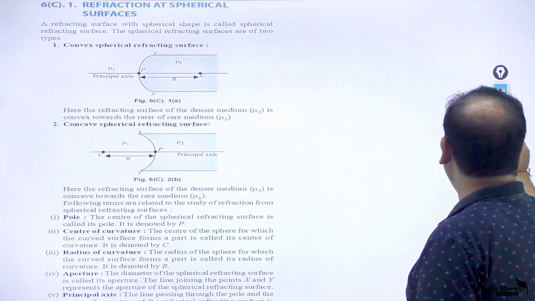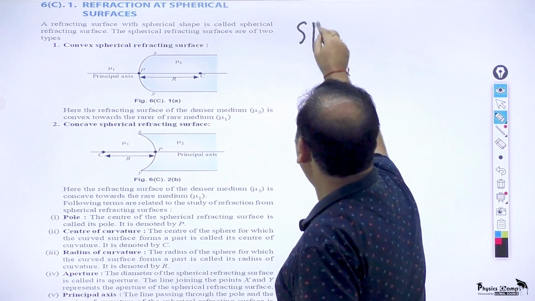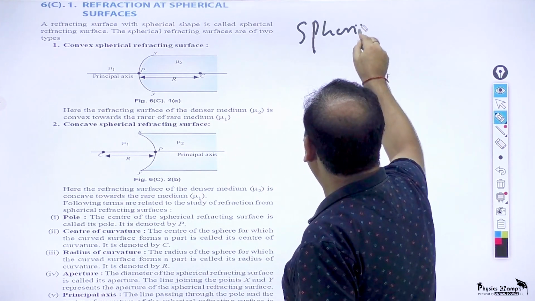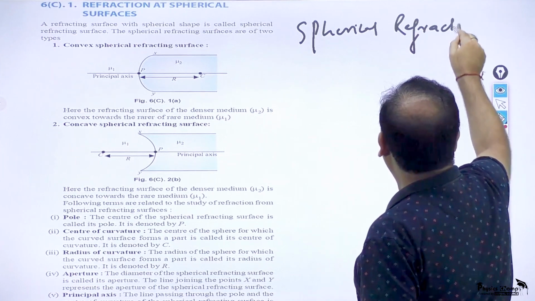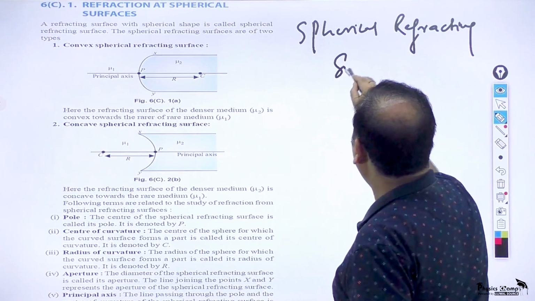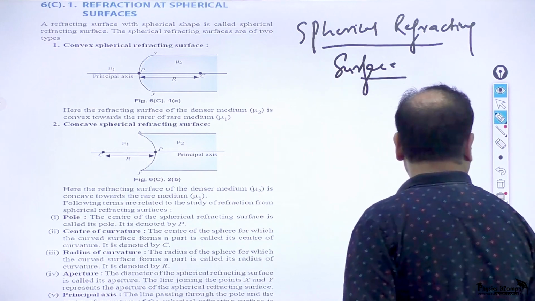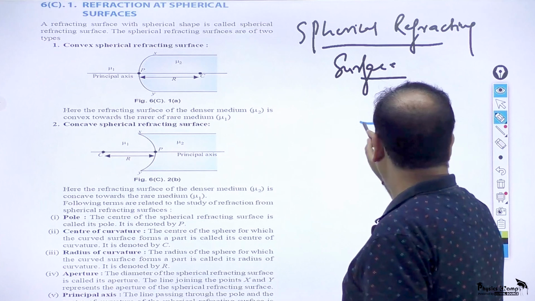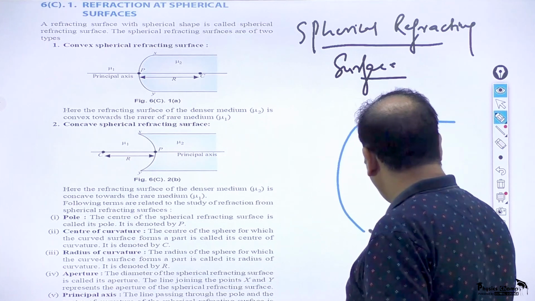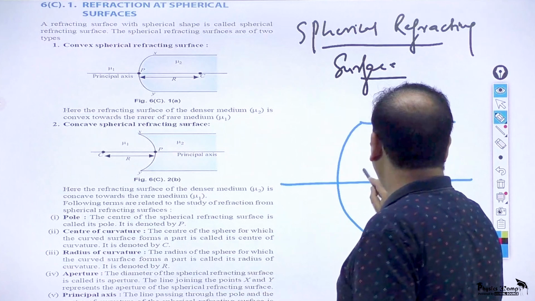So if we talk about the spherical refracting surfaces, we can think of two kinds of spherical refracting surface. One is a spherical refracting surface which is convex in shape.